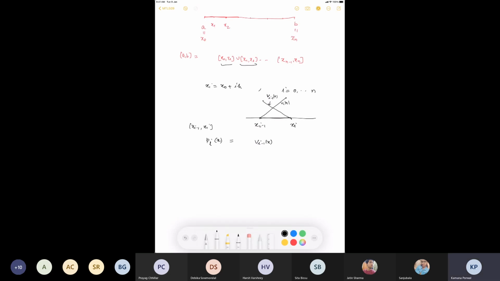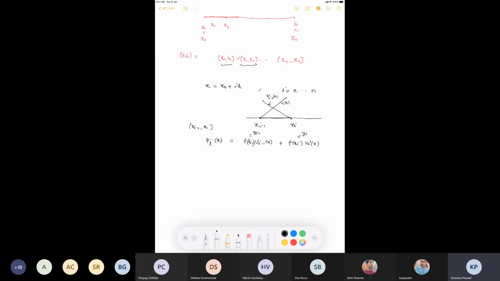This is nothing but yi-1 and yi. So this is how the linear interpolating polynomial will look in this subinterval.